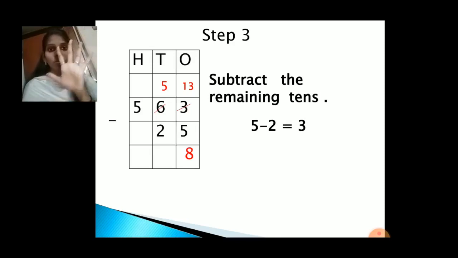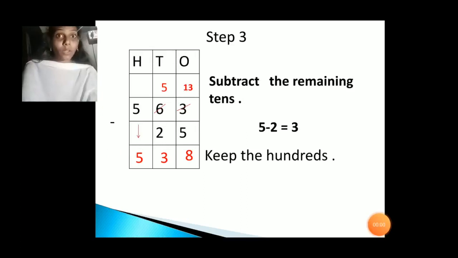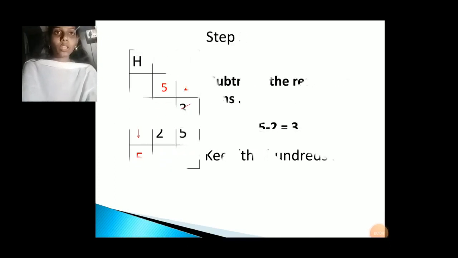Now you tell me, 5 minus 2 equals how many? 3. So 3 we will write under the tens place. And next step is keep the hundreds. 5 will jump down. So 563 minus 25 equals 538.